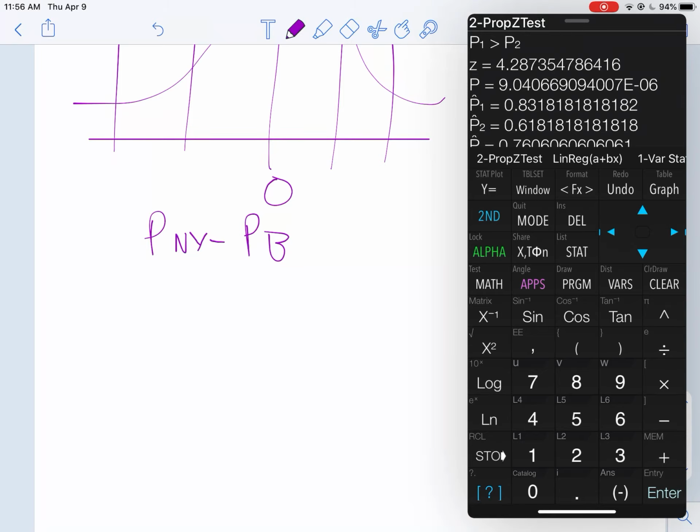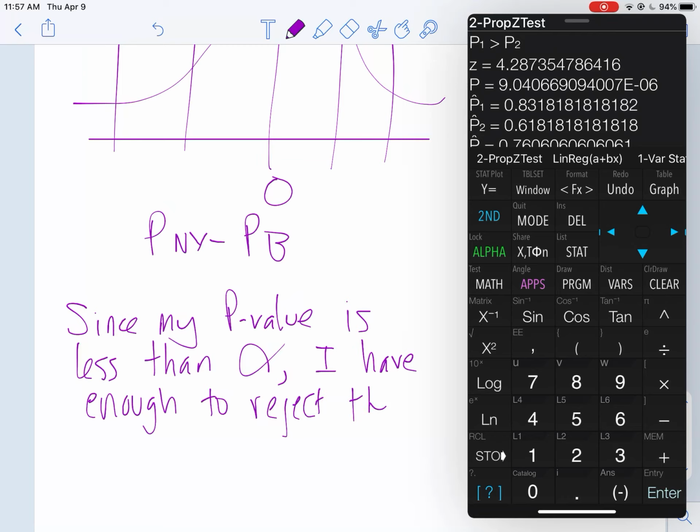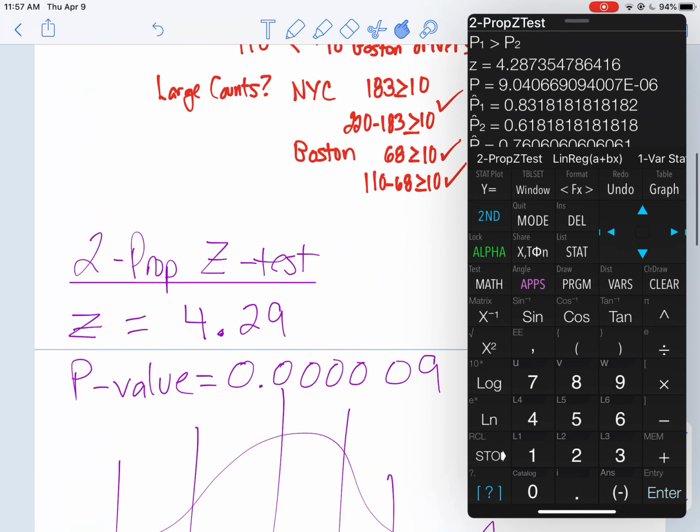All right. So now I get to this conclusion here. My p-value is incredibly low. So I can say since my p-value is less than my significance level, remember, our significance level was 0.05, I have enough evidence to reject the null. If the p is low, reject the H0. So what does that mean?